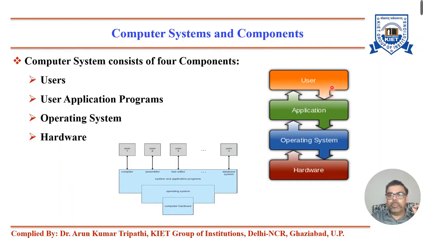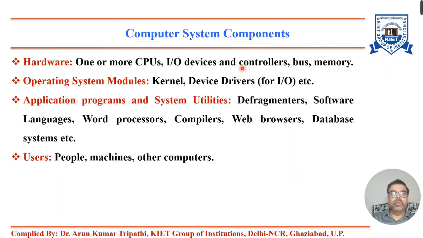So these are the four components of the computer system: user, application, operating system, and hardware. Now, let us discuss these components in detail.